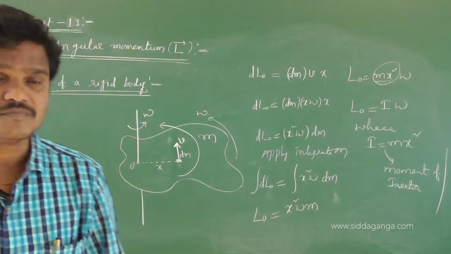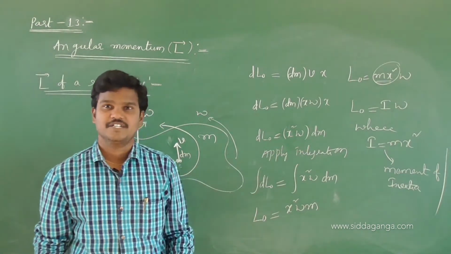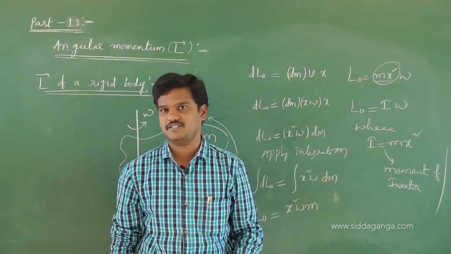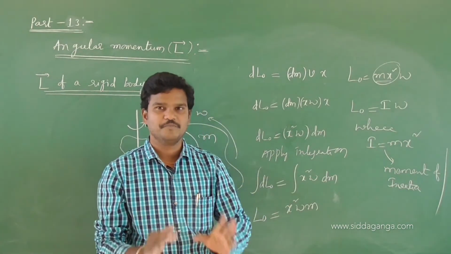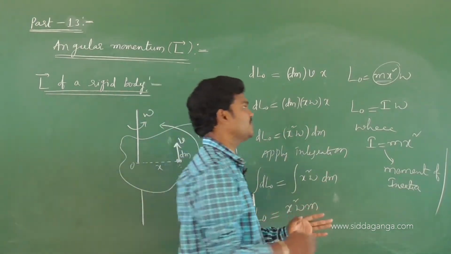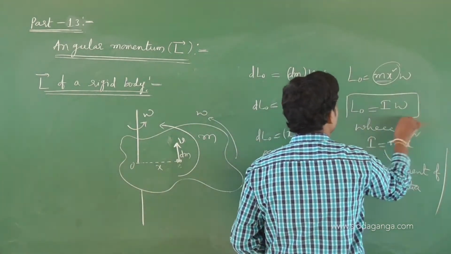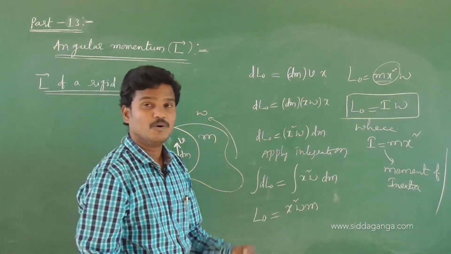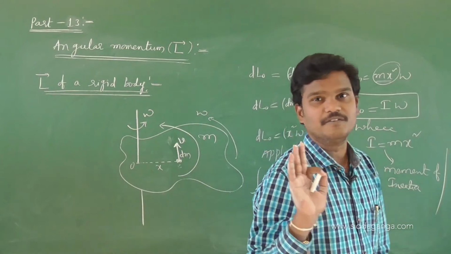What is I? Moment of inertia. Don't worry, I am going to continue this moment of inertia in the next classes. Right now, keep in mind I is nothing but moment of inertia. So finally we got L is equal to I omega. Keep in mind L is equal to I omega. What is I? Moment of inertia.